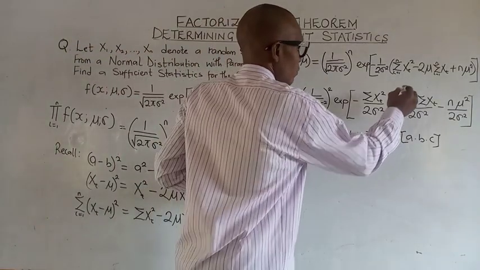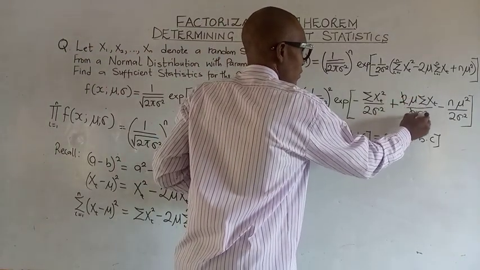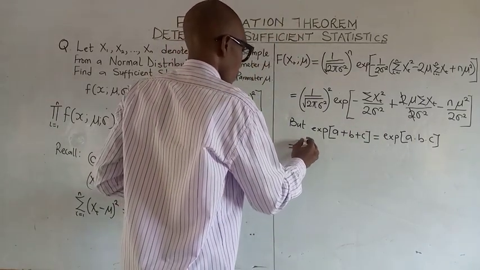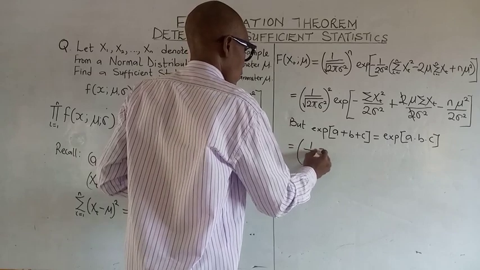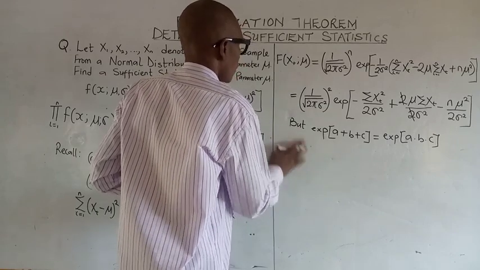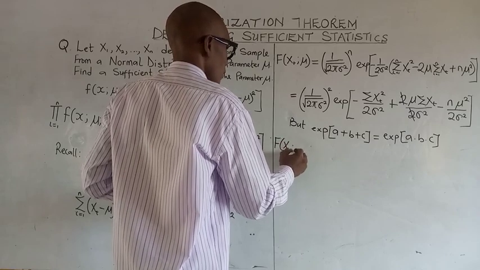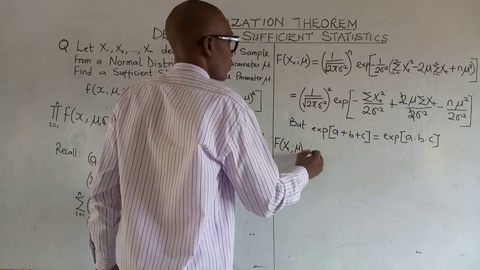But before we do that, we'll see that these two can cancel these two. So we'll be left with, let's write out the function f of x_i, where our parameter is just mu.